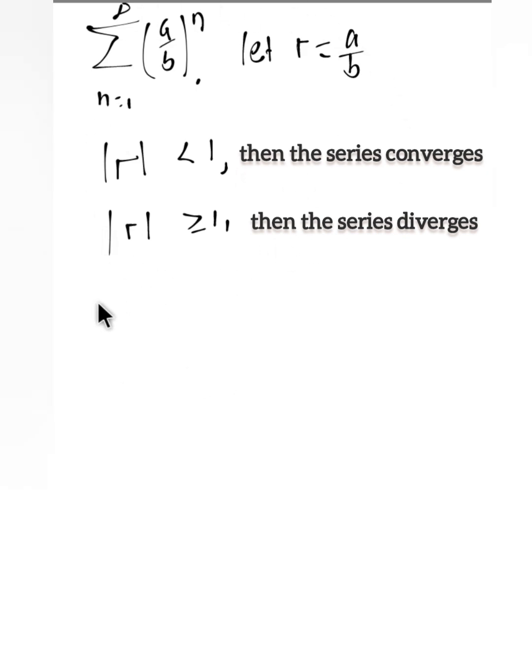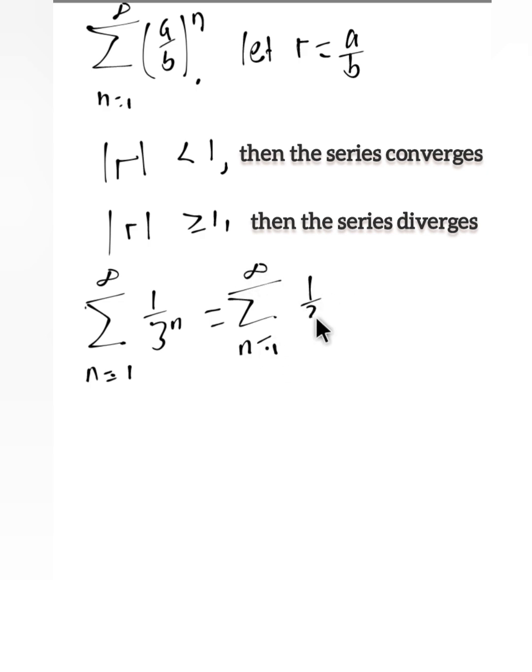But the series that we are working with, the summation of 1 over 3^n from n equals 1 to infinity, is equal to the summation from n equals 1 to infinity of (1 over 3) all raised to the power of n. When we compare this expression with the given one, we observe that a over b is equal to 1 over 3.